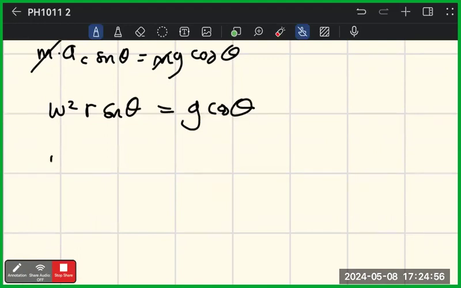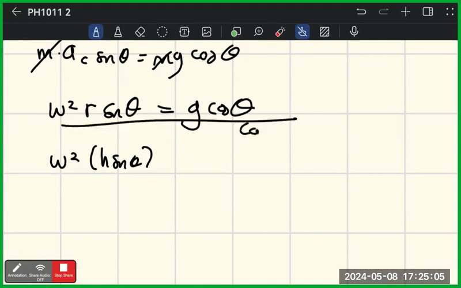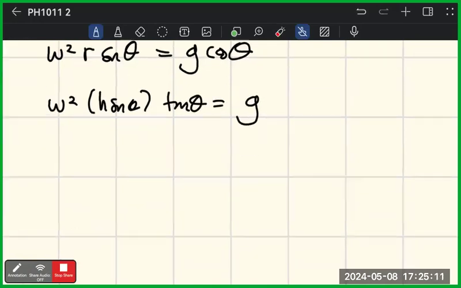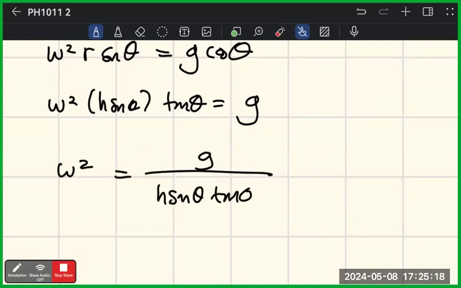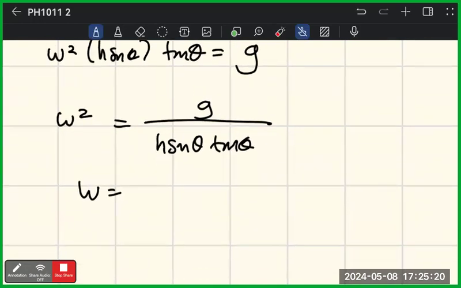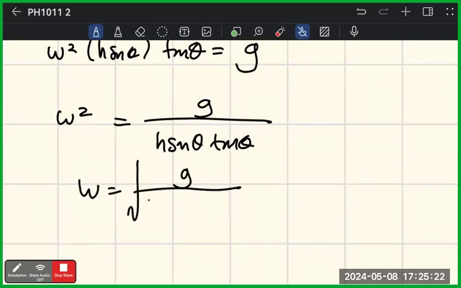So we have that omega squared r is h sine theta. We just divide both sides by cos theta, and you have tangent theta equals g. Thus, we have that omega squared equals g over h sine theta tangent theta. So the omega here equals the square root of g over h sine theta tangent theta.